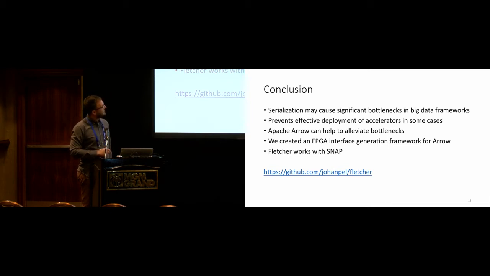Apache Arrow has been designed to alleviate these bottlenecks, and we have shown that you can also do that for FPGAs, and you can generate a nice interface on the FPGA that will increase the programmability as well. We made it work on Snap. Our repository is open sourced, and there's a little tutorial on how you can run it on Snap. If there are any questions, I would be happy to address those.